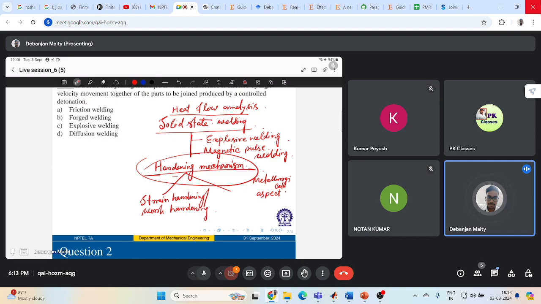So we are talking about hardening mechanisms in the heat affected region of your weld region, and we will talk about precipitation hardening, right? So these will be in short our today's contents.